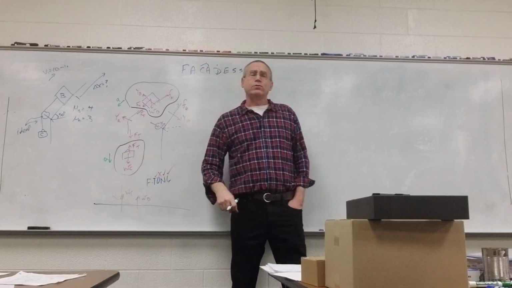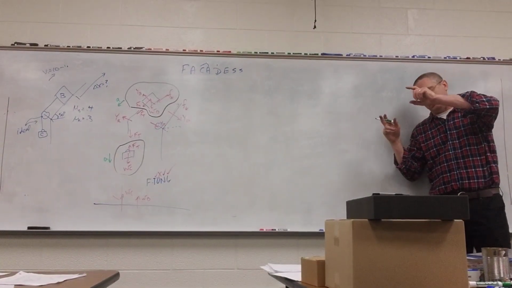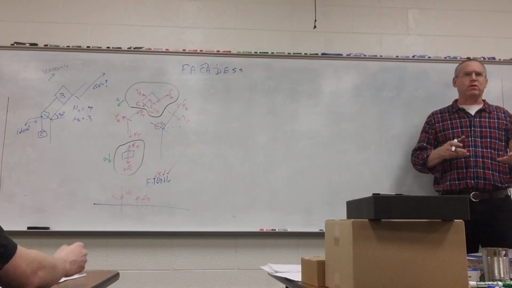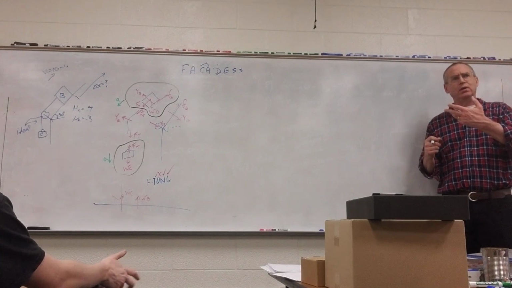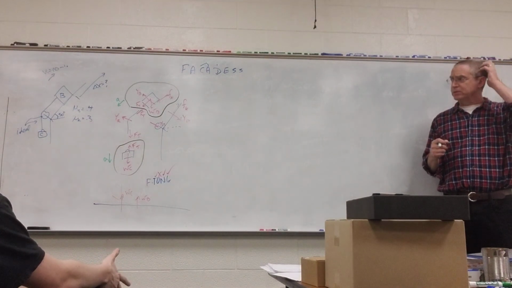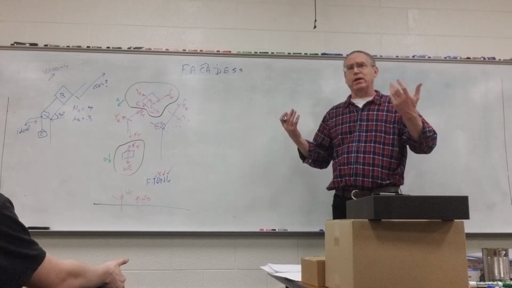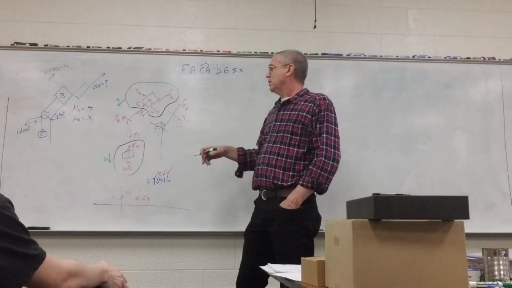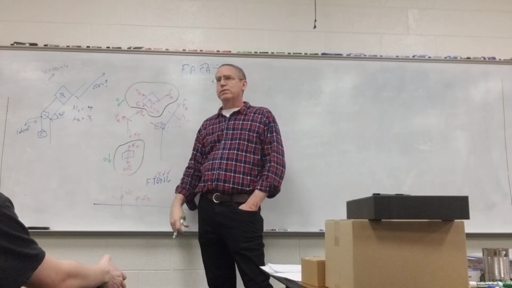All right, so when we choose our coordinate system, you can choose one of the axes to be in the direction of acceleration, or in this particular case, you could choose in the direction of movement. Both are acceptable here. It all depends on whether you want A to be positive or negative. So, up the ramp positive or down the ramp positive?